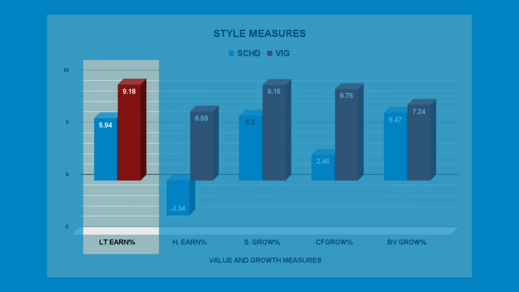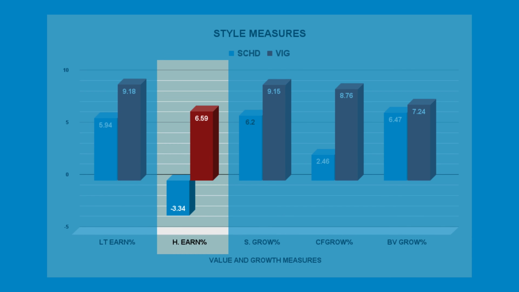So here, VIG is definitely targeting growth while SCHD sticks with reliable income. When it comes to historical earnings growth, VIG again takes the lead with 6.59%, while SCHD actually shows negative 3.34%, emphasizing SCHD's focus on value stocks that may have seen slower earnings growth.